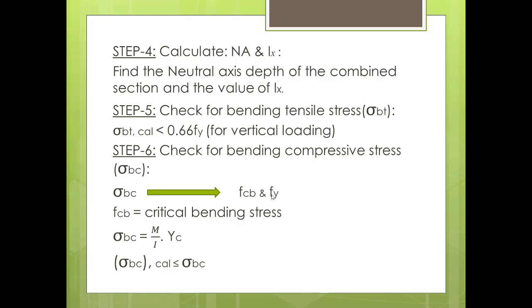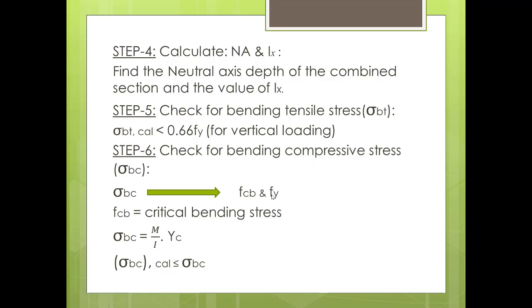We have already taken sigma bt equal to 0.66 fy earlier in step 3. The sigma bt which we calculate should be lesser than that sigma bt. If it is exceeding, then we have to redesign it.